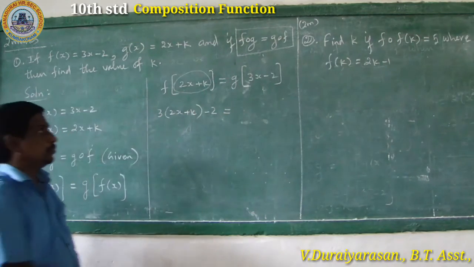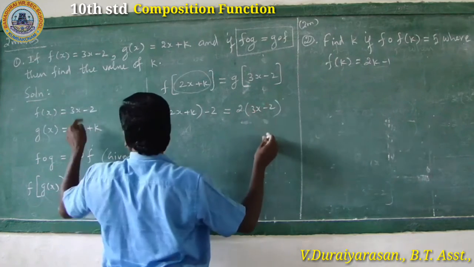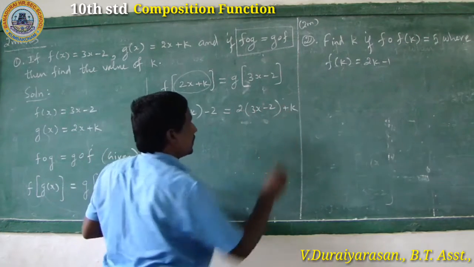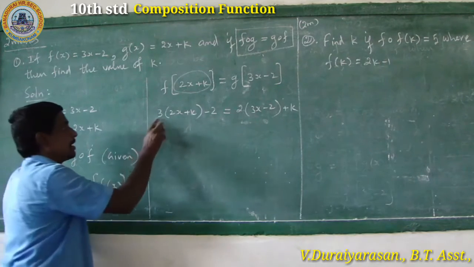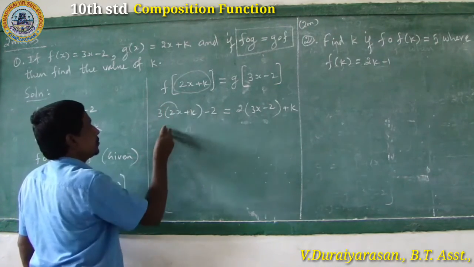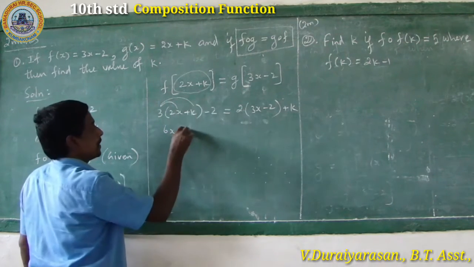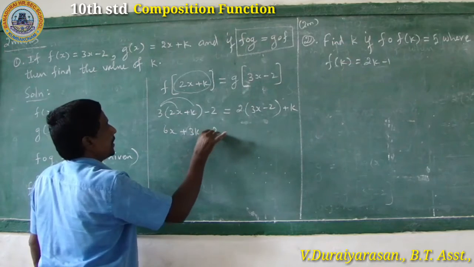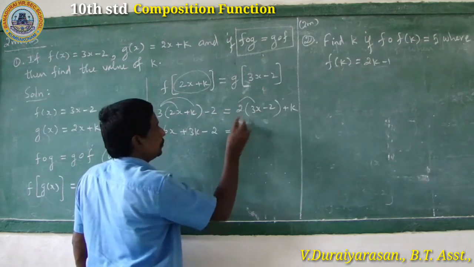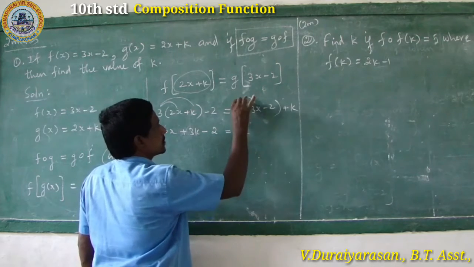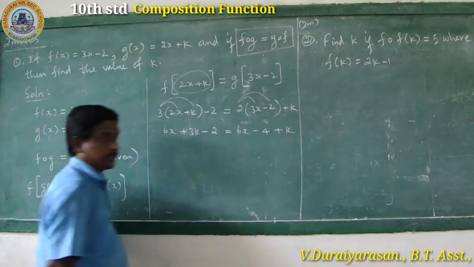Multiply by 2: 2 of 3x minus 2, and add k. They are equal, right. Multiply by 3: 3 2s are 6x, multiply by 3 plus 3k minus 2 is equal to. Multiply by 2: 2 3s are 6x, 2 2s are 4, plus k.